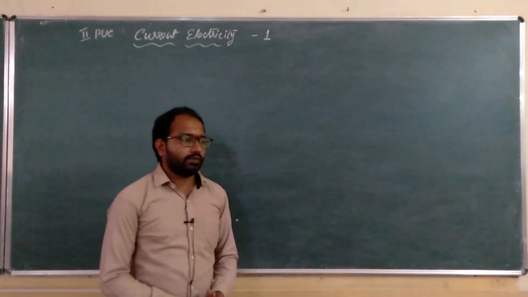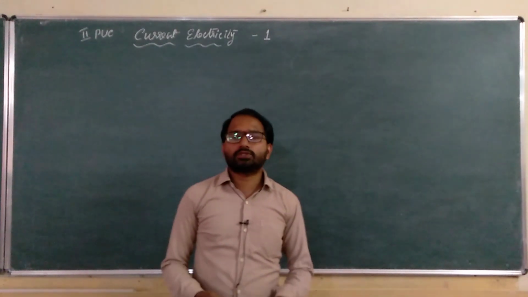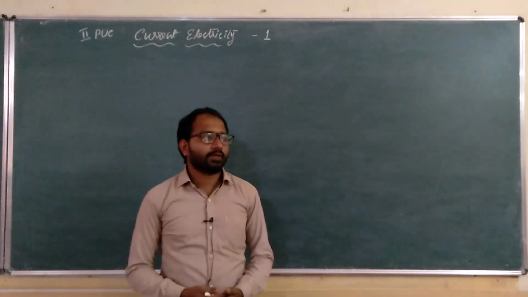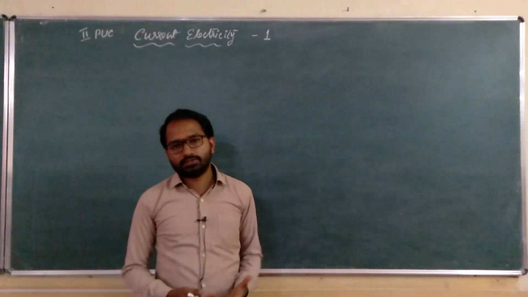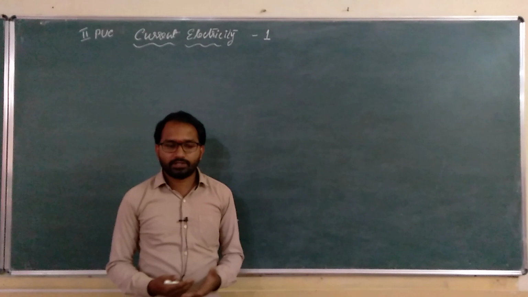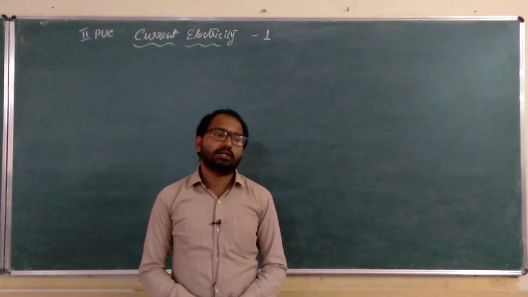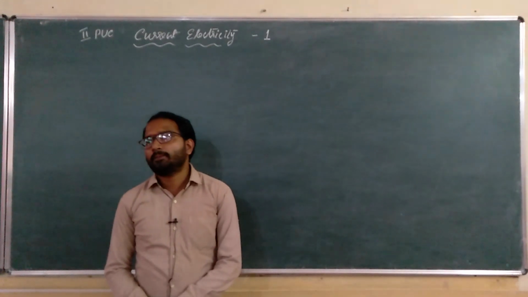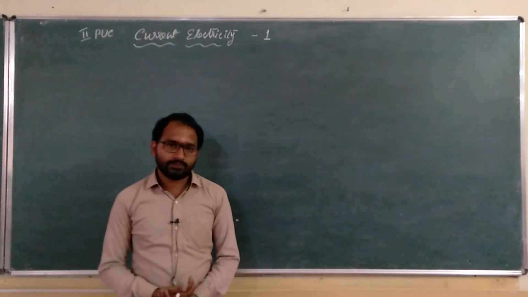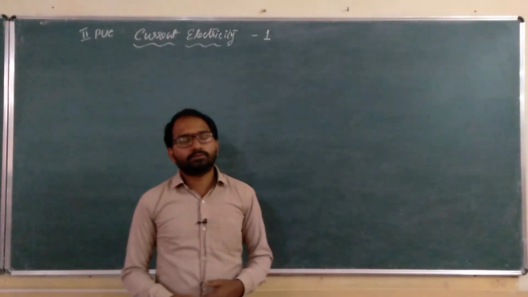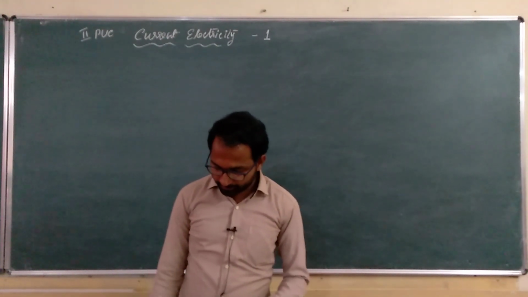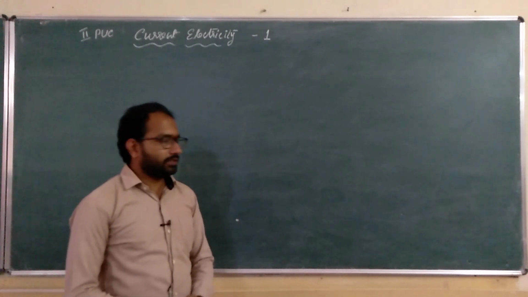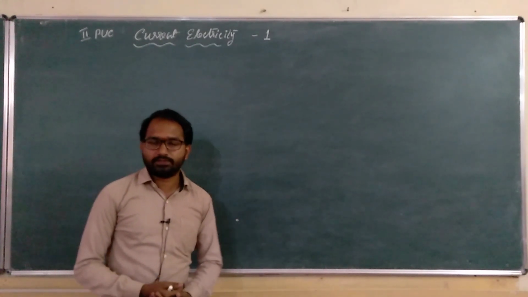We studied the electrostatic force between two charges, the electrostatic field, the potential at a point due to a point charge, the potential energy of a system of charges, the electric dipole, the field produced by the electric dipole, the potential energy of the dipole, and the charge and energy storing device called capacitors. These are the things we studied in the previous chapters.